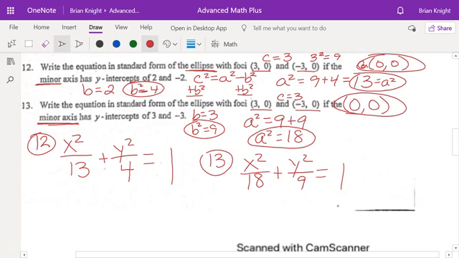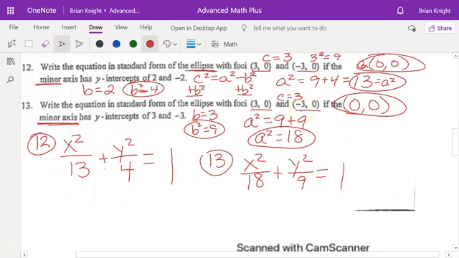You use C to find the focus points. So if my center is 0, 0, and my focus points are 3, 0, and negative 3, 0, what did I add and subtract to the center to get the focus points? 3. That's my C. C is what you use to get the focus points.